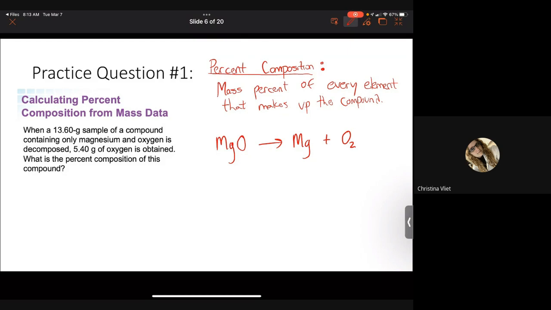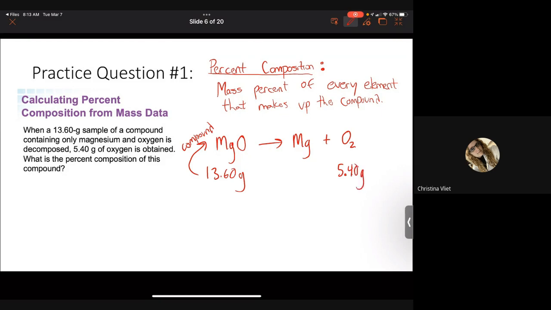So under MgO, I'm going to put 13.60 grams. That's my mass of compound. And I also know that I have 5.40 grams of oxygen, so 5.40 grams goes under oxygen.